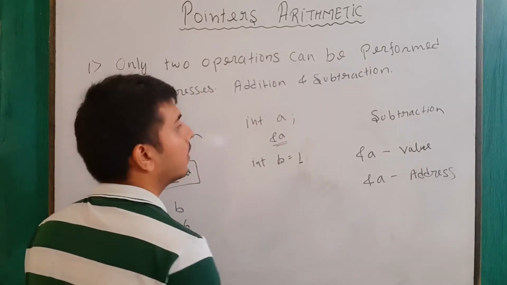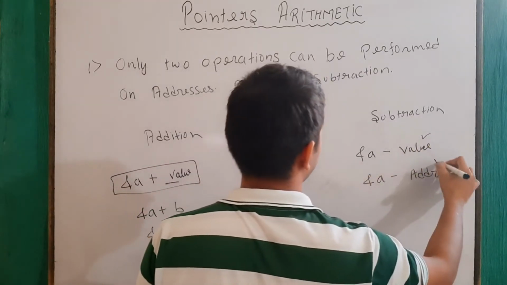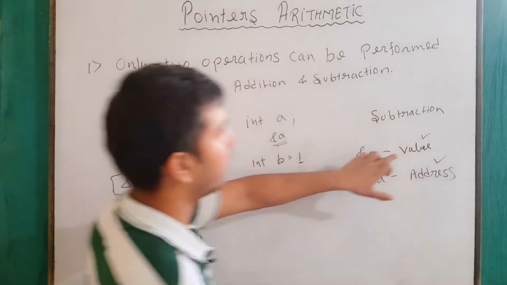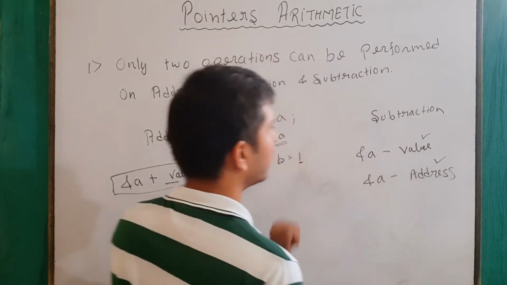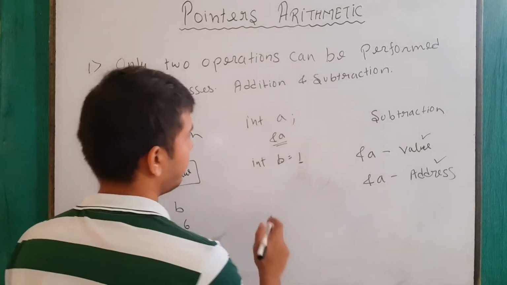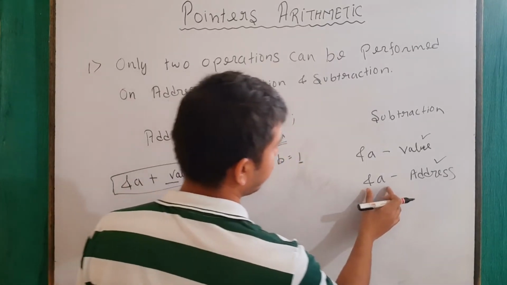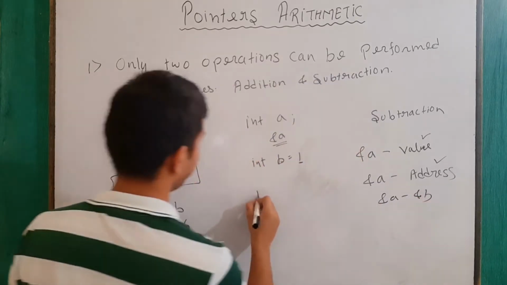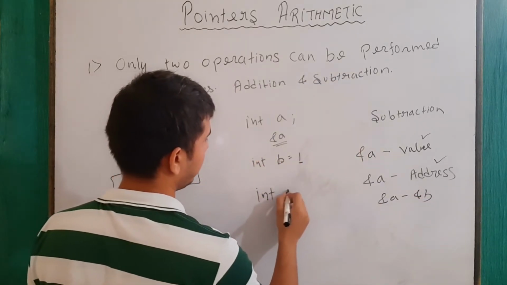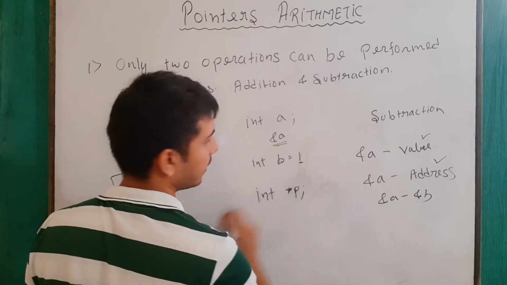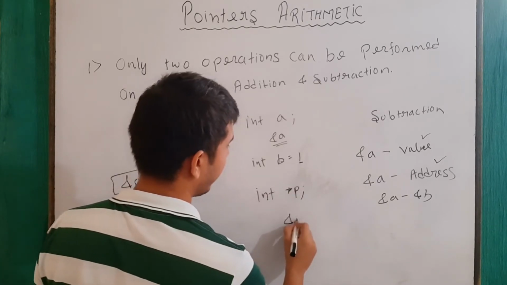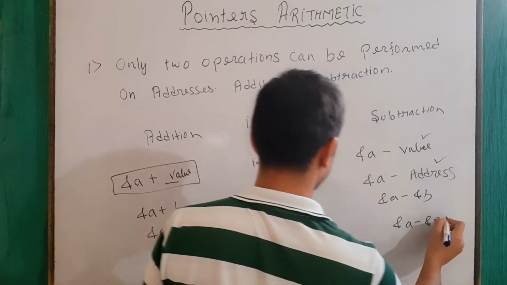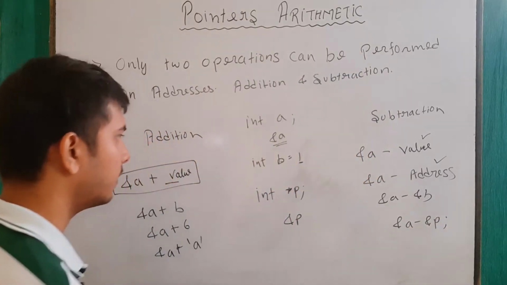Now here both are possible, but for addition only a value can come. For subtraction, a value or an address of the same type can come. By the same type I mean that here I can write &a - &b, right? But let's say if there is a pointer int *p, and its main address would be &p, then I cannot do something like this.